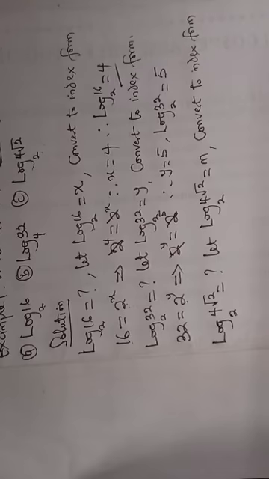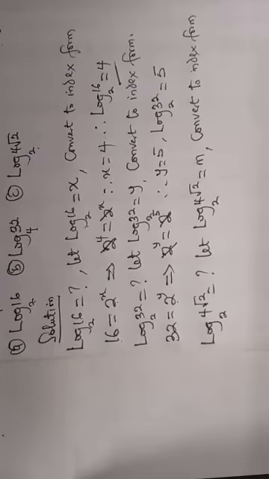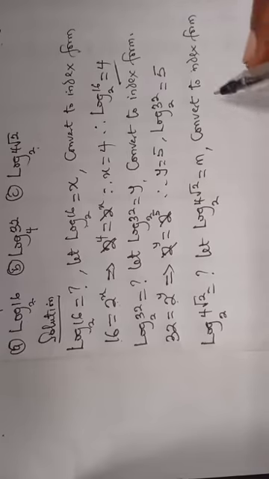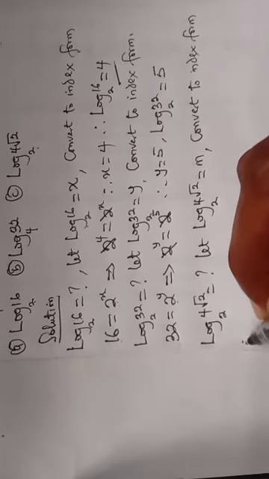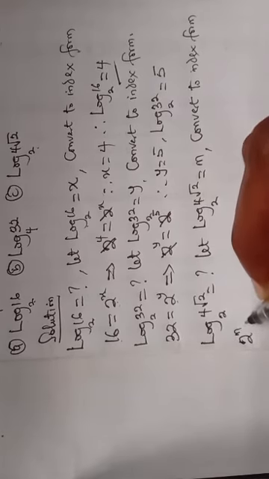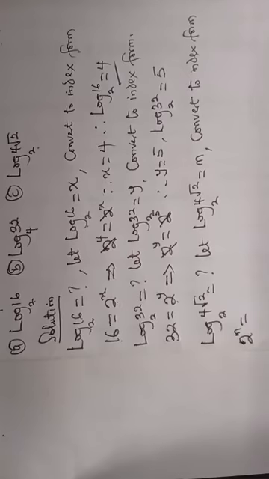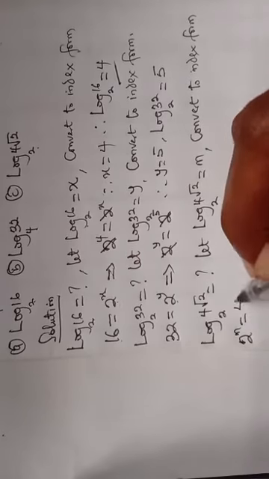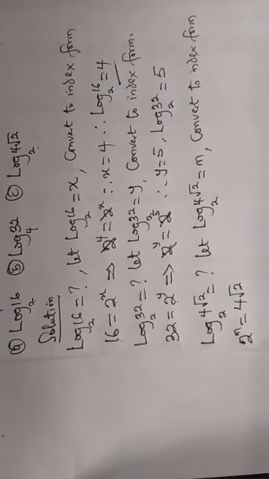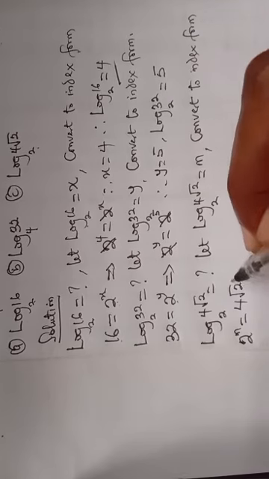Just watch me closely. This very number here is in surd form. But let's go gradually, okay? Now, when you come out to index form, you're going to have 2 power m to be equal to 4 root 2. Is that okay?